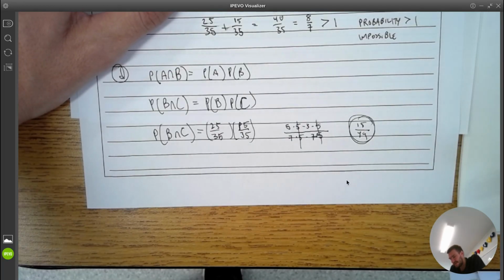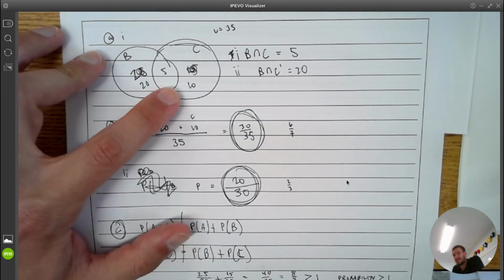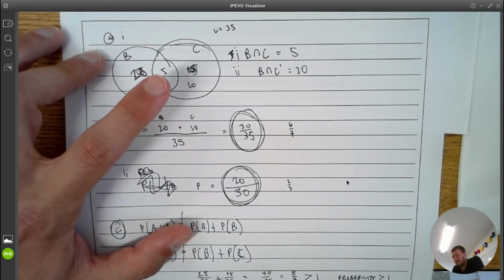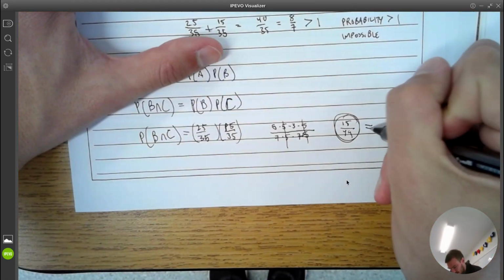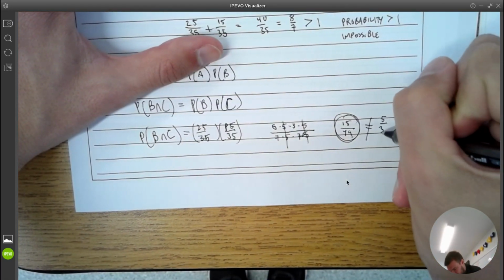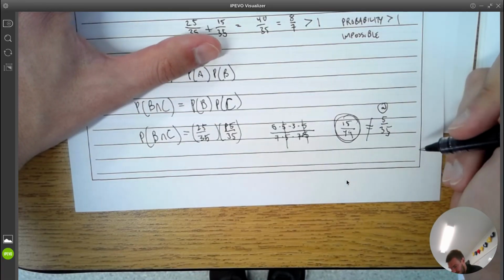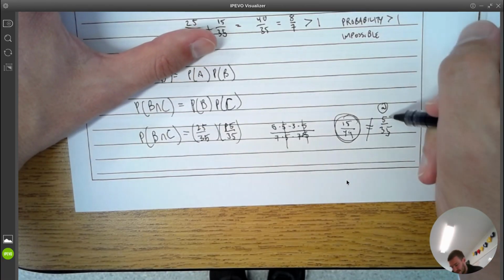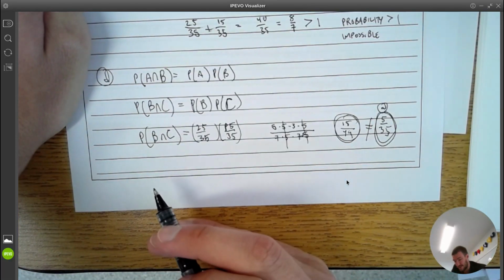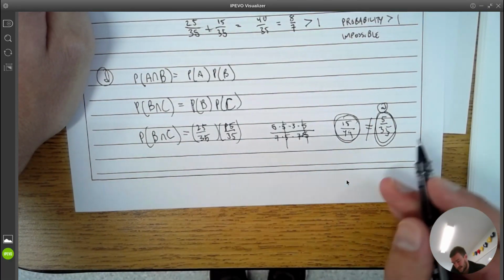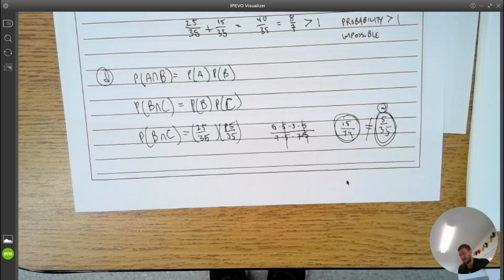The probability that a student is in both, we've already figured that out. The probability should be 5 out of 35. This is our result from part A, 5 out of 35. And this is our result using the independent events formula, and they are definitely not the same. And I think that's good.